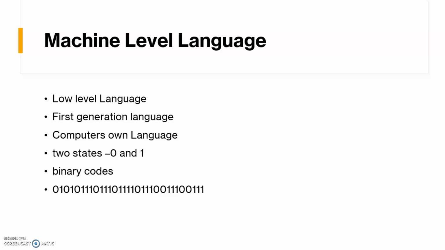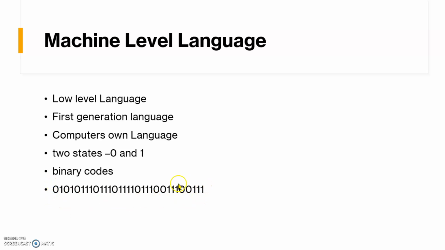So, we can understand two problems here. The first problem is that it is difficult for the developer to understand, remember, and write various combinations of ones and zeros which represent different instructions. And the second problem is that since every machine has its own machine language, the users can't use the same pattern on other computers, as I told you.